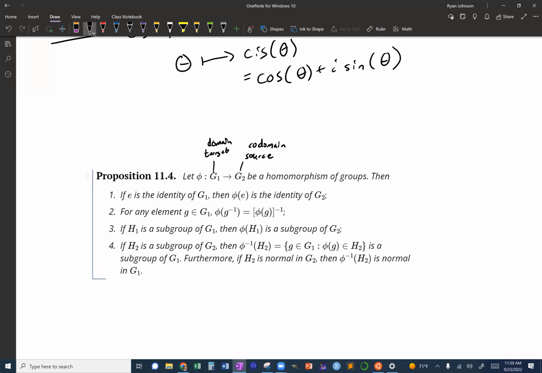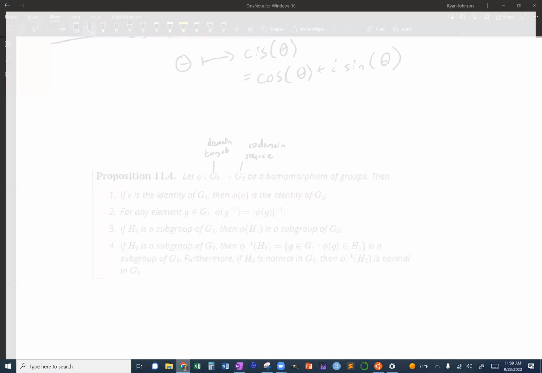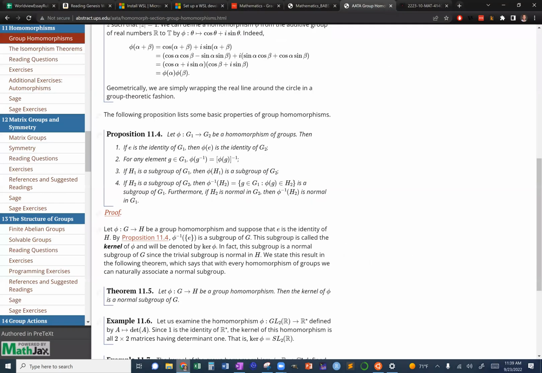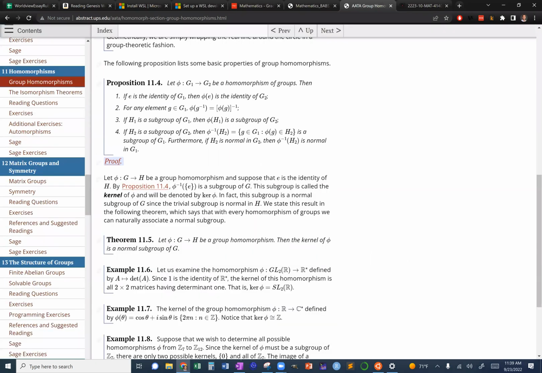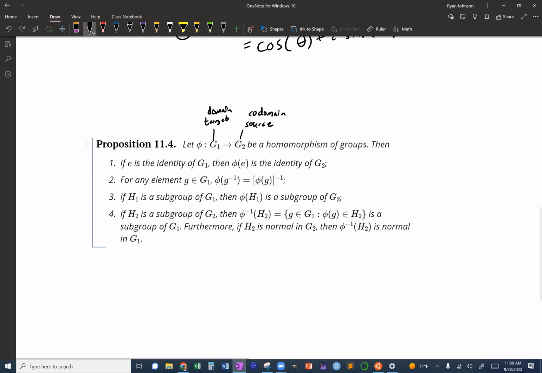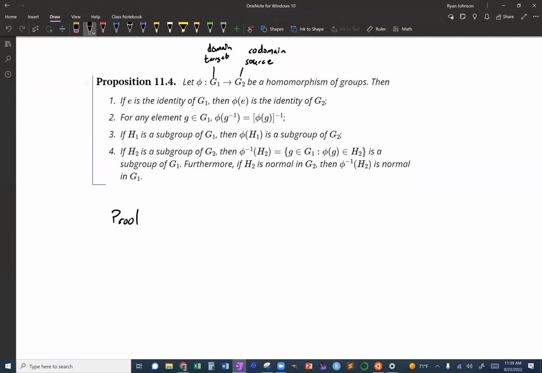Okay. Now, the proof. I want to make sure I don't prove anything that might be on the homework. 1, 2, 3, and 4, it's all there. All right. So the proof of 1 is quite cute. So let E be the identity of G1.